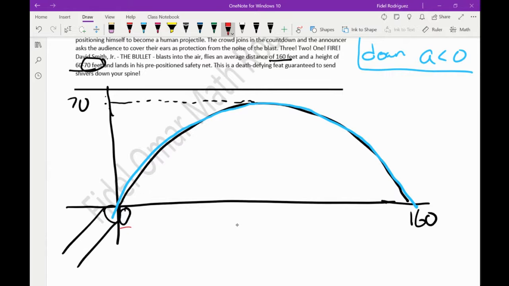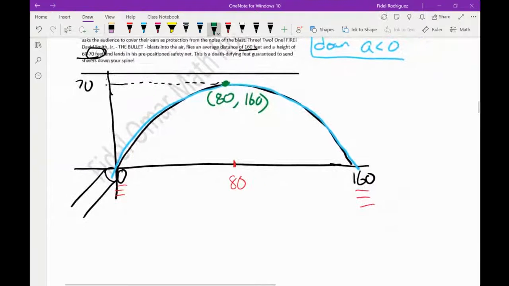If this number here is 0 and that number there is 160, do y'all agree with me that right here that number would be 80, because it's right in the middle between 0 and 160? And so if I were to think about this right here as a point, it would be the point 80 and 160.